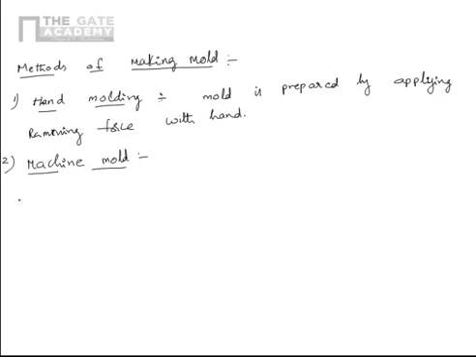There are different methods. In these, ramming is done by machine. First method is jolting.